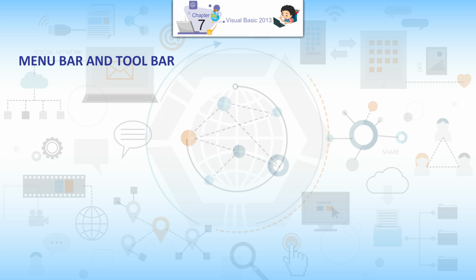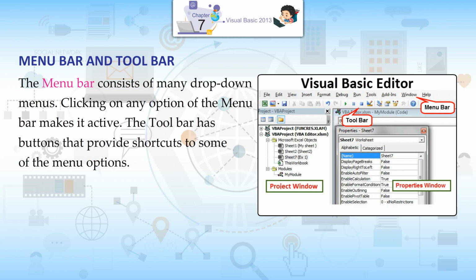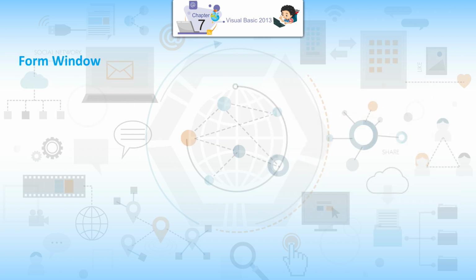Menu bar and toolbar. The menu bar consists of many drop-down menus. Clicking on any option of the menu bar makes it active. The toolbar has buttons that provide shortcuts to some of the menu options. Form window.